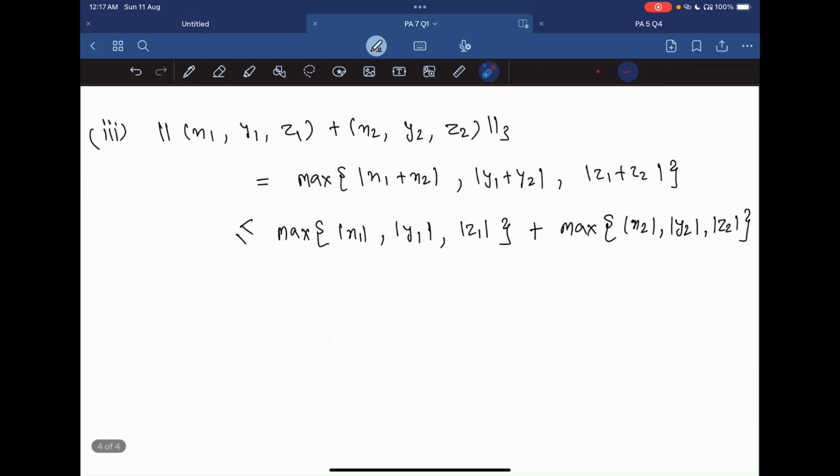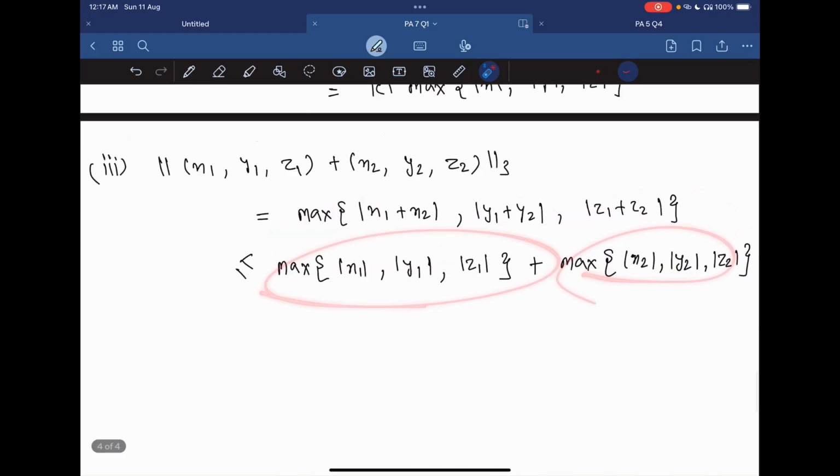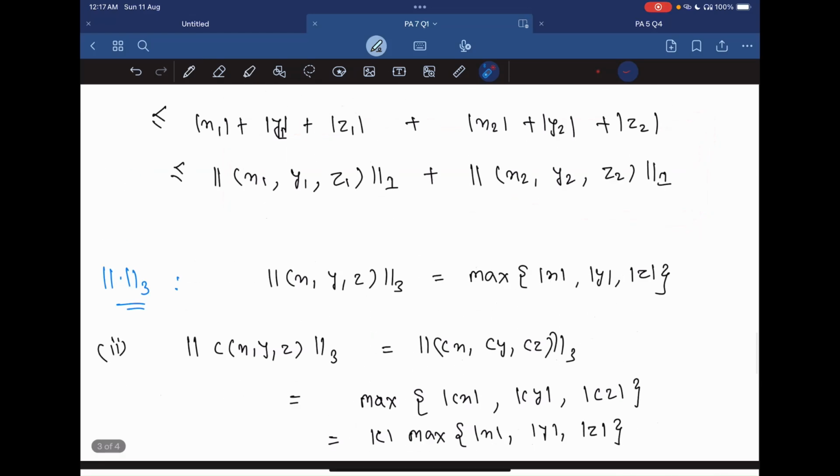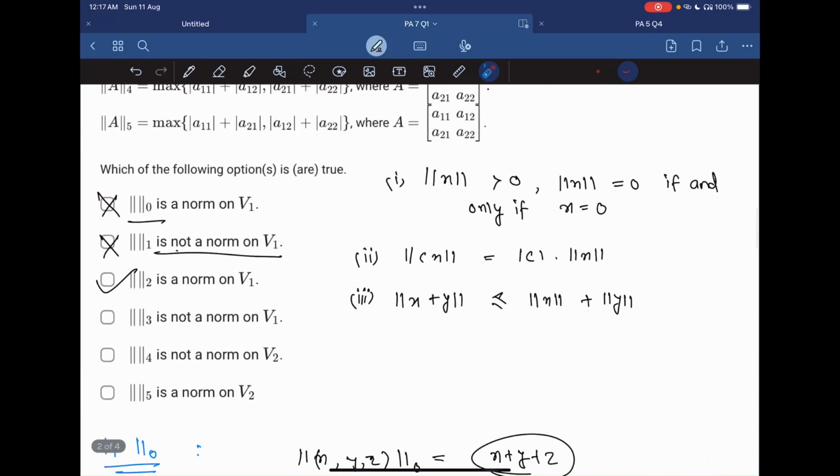So as it satisfies the triangle inequality and the other two conditions are also satisfied, this function is a norm, but the option says it is not a norm, so the option is incorrect.